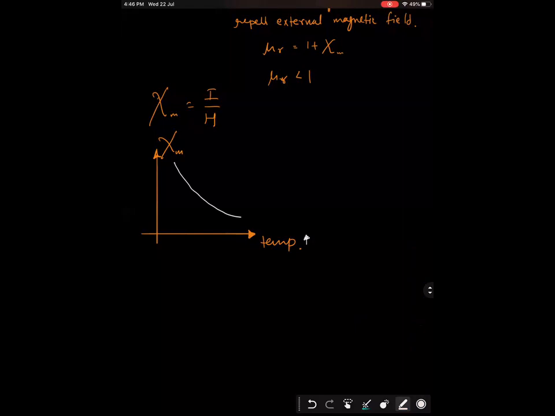Do you understand that? So chi is inversely proportional to temperature for which substance? Paramagnetic.